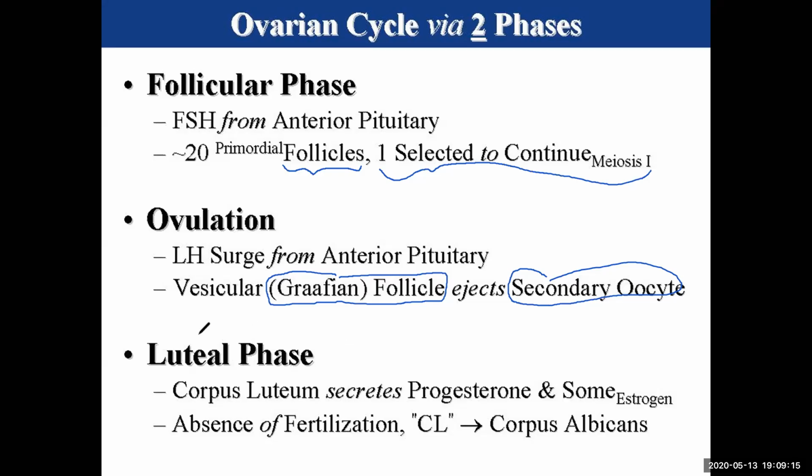The luteal phase is important. Once the Graafian follicle ejects a secondary oocyte, it becomes a gland, the corpus luteum. And that corpus luteum, this is important, secretes progesterone.